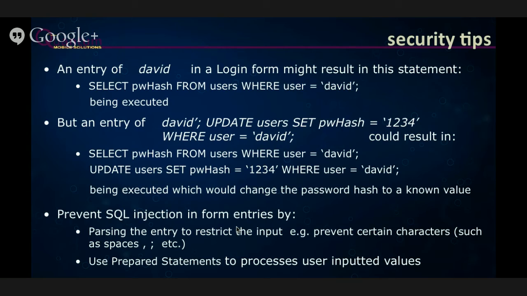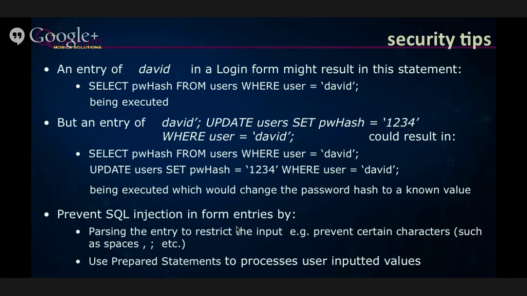Okay, but what if instead of putting a user name in, the attacker knows the username, so they put David apostrophe colon update users set password hash equals 1234 where user equals David.